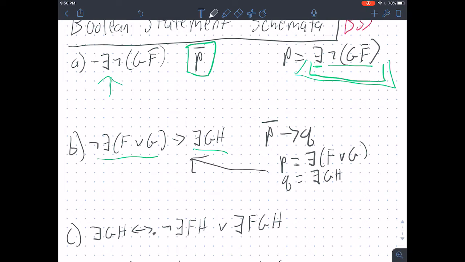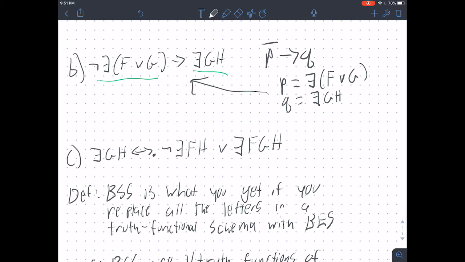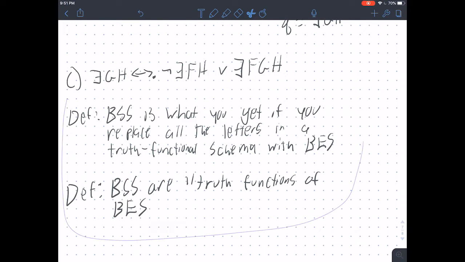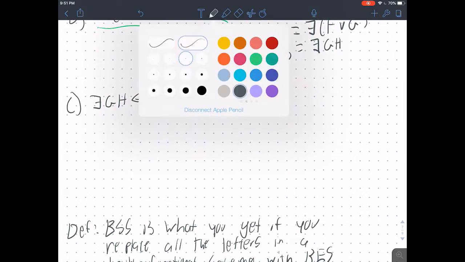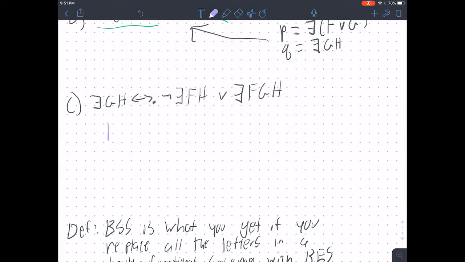Right, so to say that Boolean statement schemata are truth functions of Boolean existence schemata just means that it's like we took one of our good old-fashioned truth functional schemata and we replaced all of the letters with Boolean existence schemata. So again here, let me do it below just so you can see.